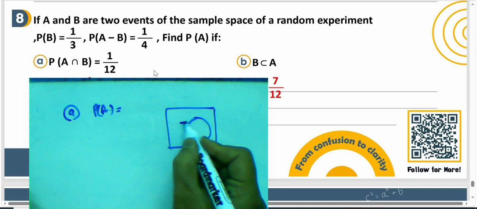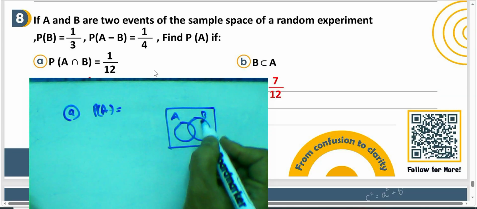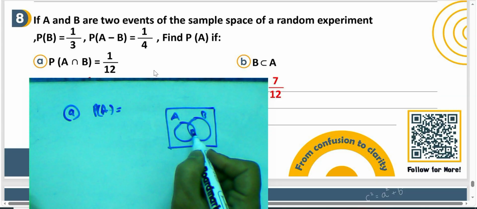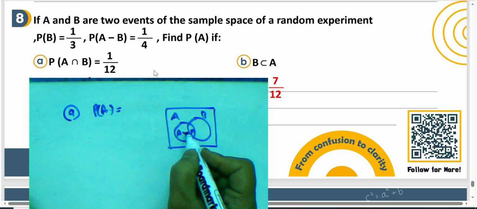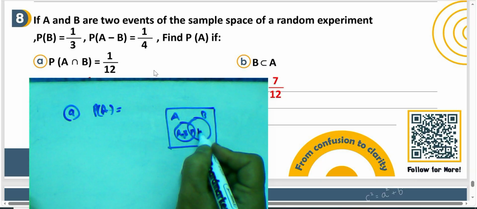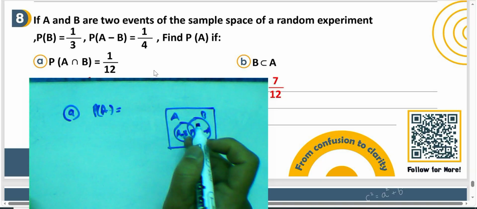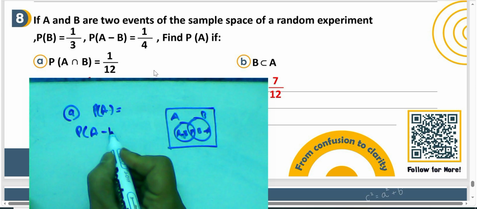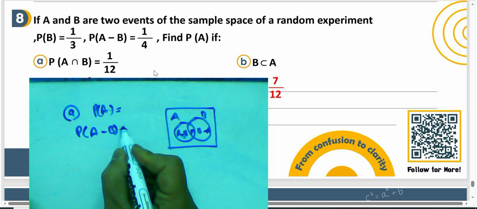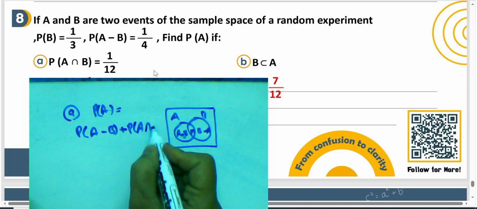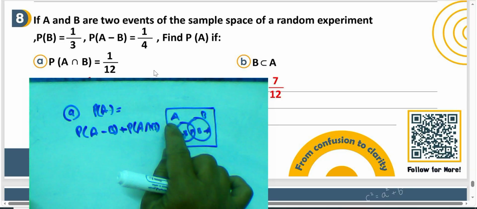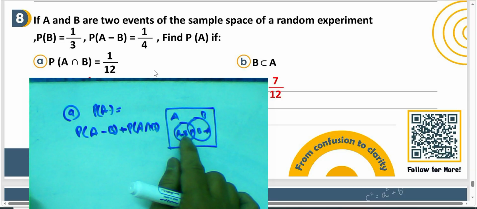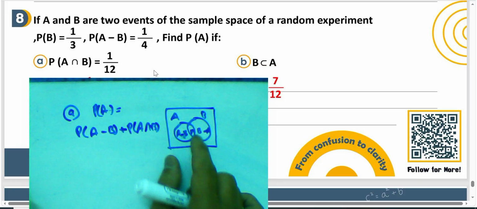We have two sets A and B. Here's the intersection, here A difference B, and here B difference A. So the probability of A is equivalent to the probability of A difference B plus the probability of A intersection B.